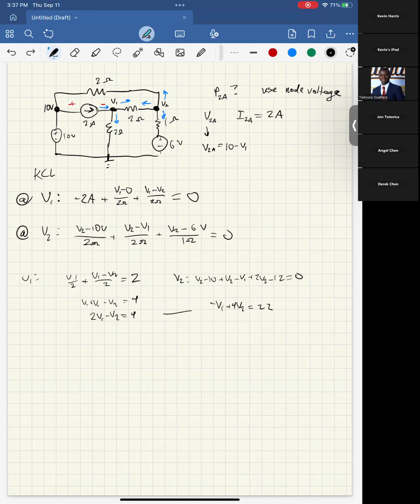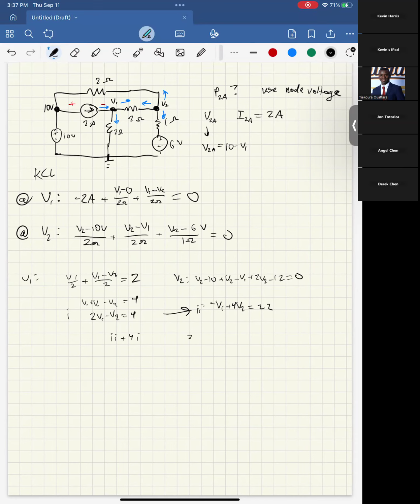So if we want these two to cancel, if this is equation 1 and this is equation 2, we do equation 2 plus 4 times equation 1.